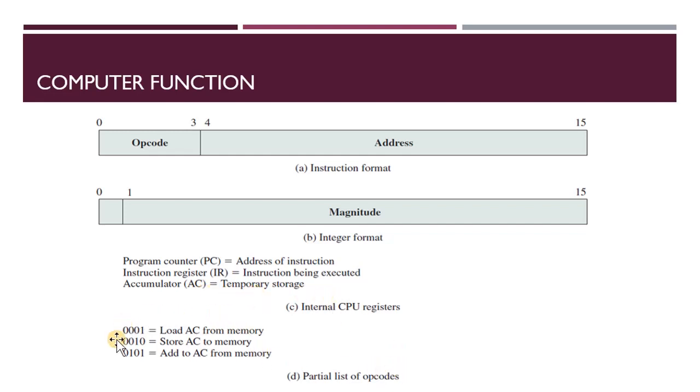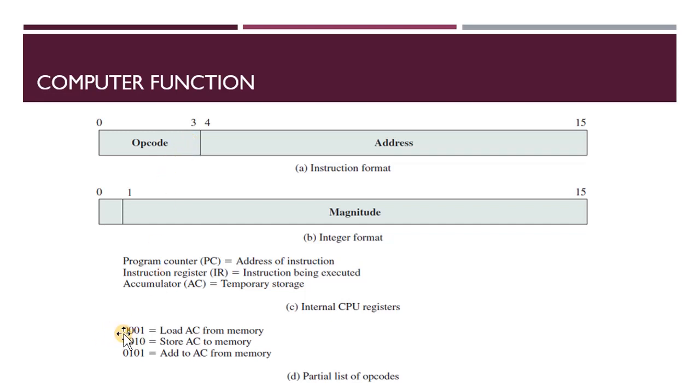This is an example of a partial list of opcodes, or operation codes. Remember that the format can only receive a 4-bit opcode in binary. Here, 0001 is the opcode for load accumulator from memory. These 4 bits of data will be located inside the instruction format in the opcode classification.